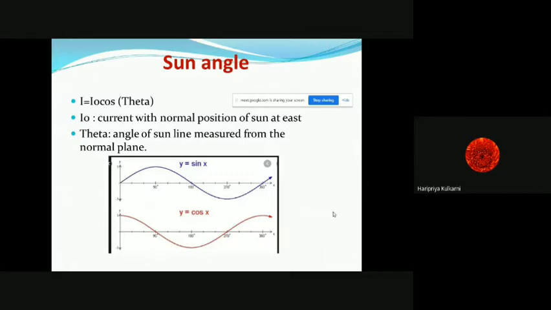At 90 degrees, we expect the maximum amount of power extraction from the sun. Here I have shown you a sine curve and a cosine curve, right? Blue indicates the sine wave, and red indicates the cosine wave.